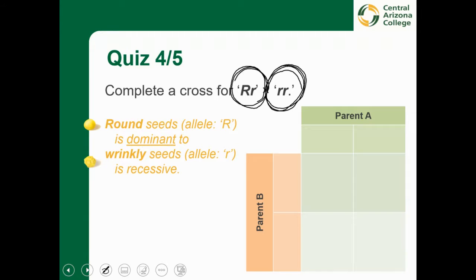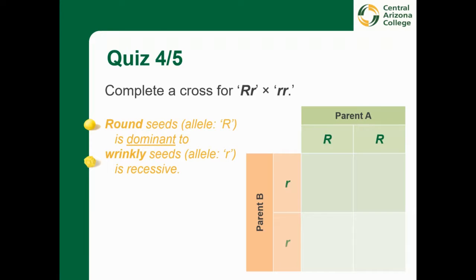So round seeds are dominant, so they're going to be marked with capital R, and wrinkly seeds are recessive, so they're going to be marked with lowercase r. So the very first thing that I think we should do is map out these parents, parent A and parent B, and have a look at how they had a 50-50 chance of donating each of their alleles. Which kind of allele combinations could they be donating?